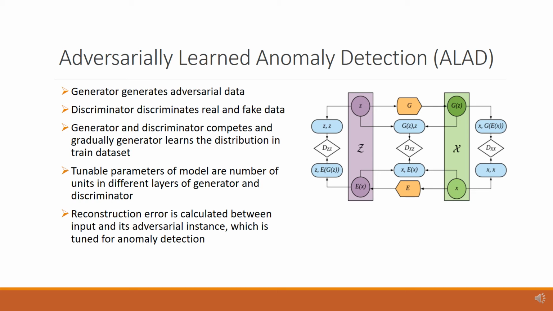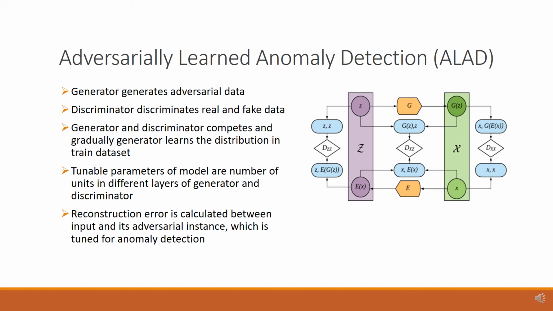So maybe some input is fed to generator, and that generator will give some output. So basically there is some reconstruction error between the input and output of the generator. This reconstruction error is basically used to find the anomalies.